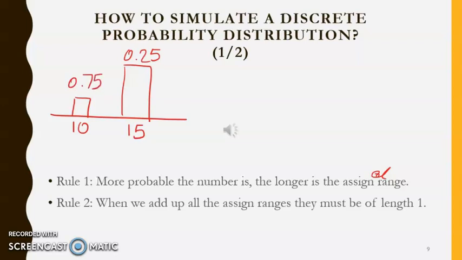Now when you want to simulate it, you need to assign these numbers to a range of 0 to 1, because the rand function generates uniform random numbers between 0 and 1.